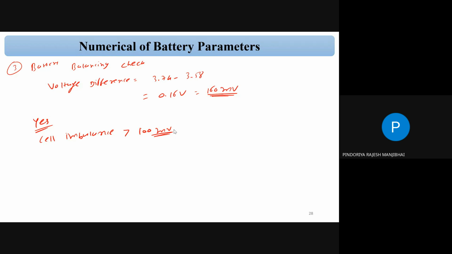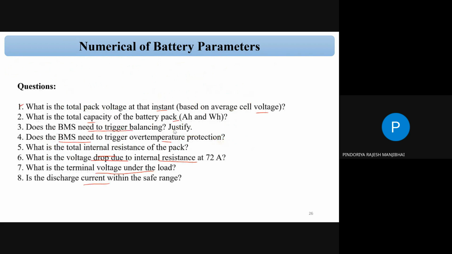Fourth one, over temperature protection check. Does the BMS need to trigger over temperature protection? Any student want to give the answer? Does the BMS need to trigger for the over temperature protection?